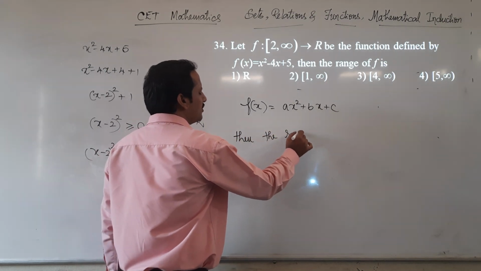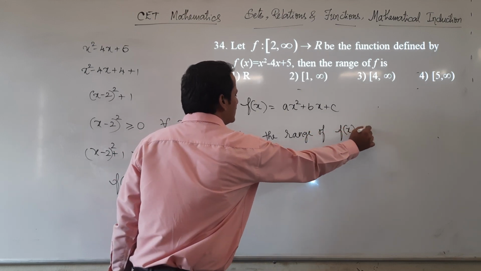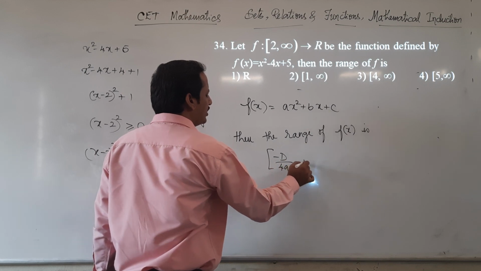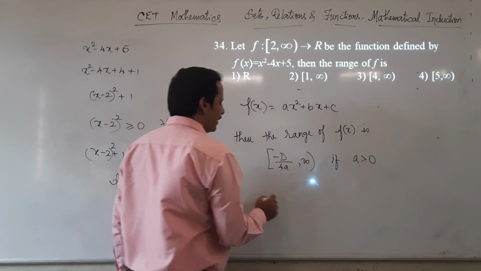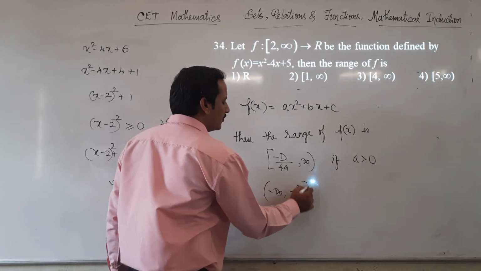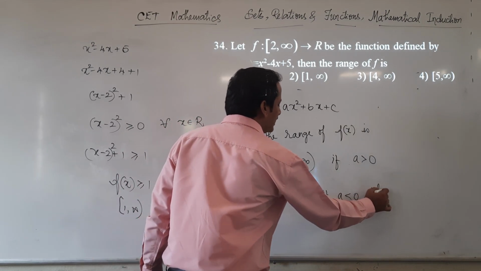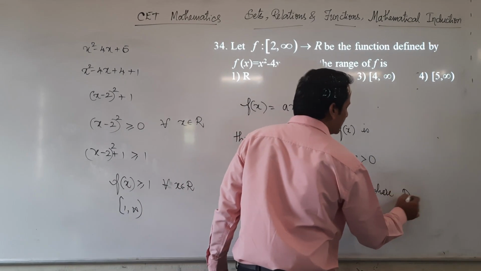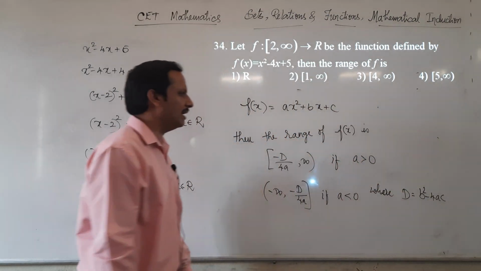The range of f of x is minus D by 4a to infinity if a is positive, and minus infinity to minus D by 4a if a is negative, where D stands for discriminant. D, discriminant, which is equal to b square minus 4ac. This is the formula. Okay.